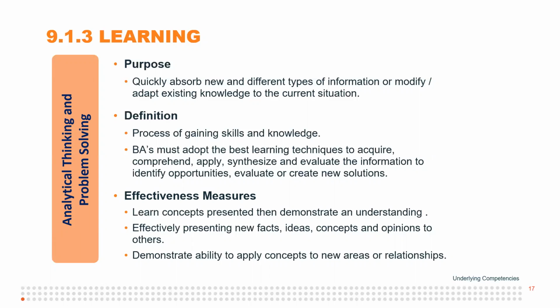So one way that you demonstrate learning, as they point out here, is that you're able to present it to others. And they always say one way to really learn something is to explain it to someone else, right? So that's why that's an effective measure.